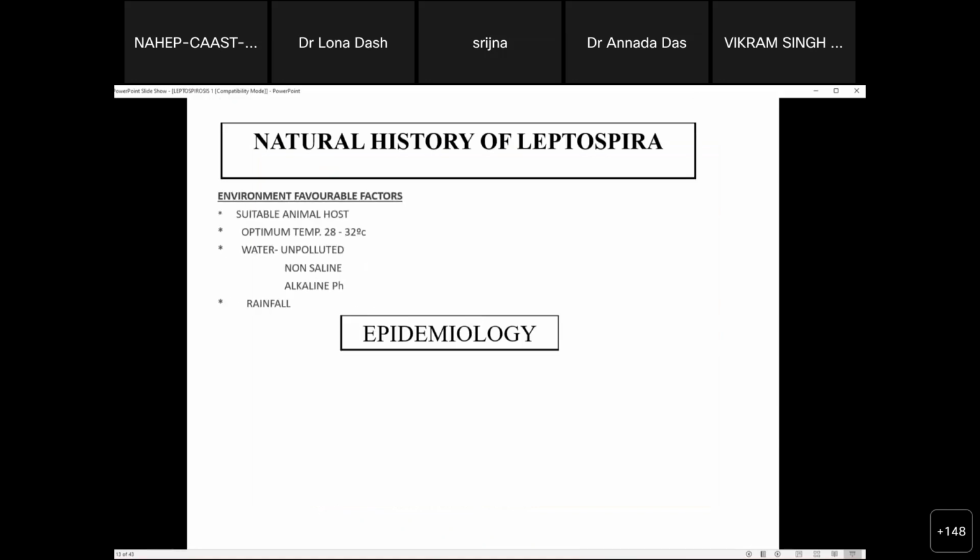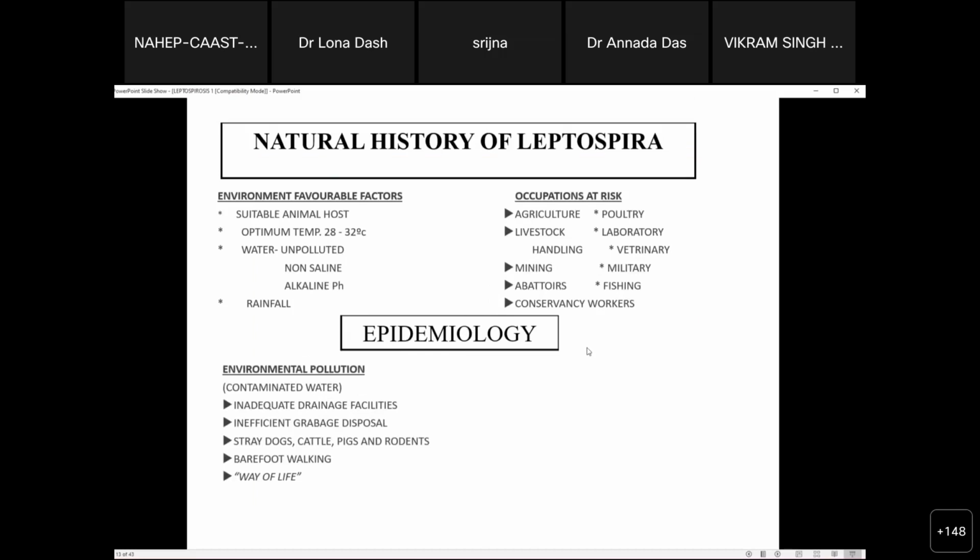Coming to the natural history of Leptospira, there is an important interaction between environmentally favorable conditions like a suitable host, optimum temperature, water which is not polluted with sewage, and non-saline water with alkaline pH, all conducive to the survival and growth of Leptospira, along with heavy rainfall and a bad drainage system.